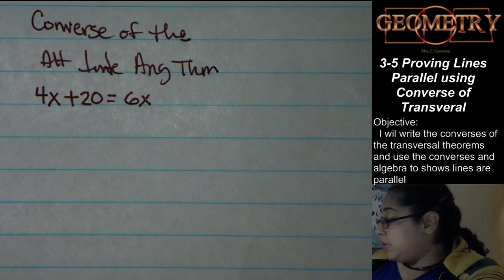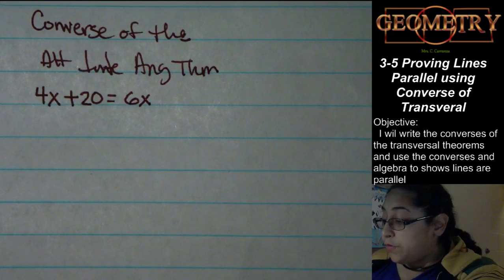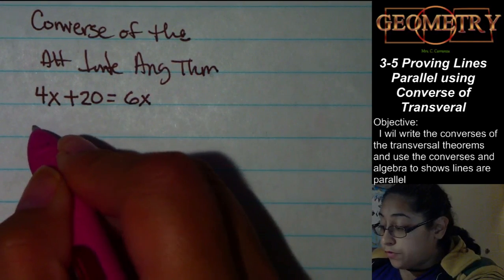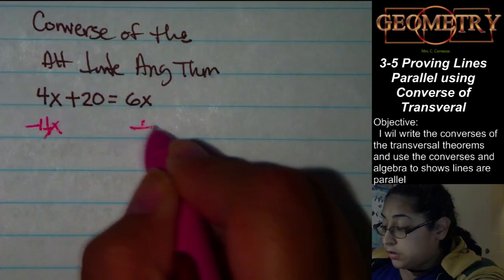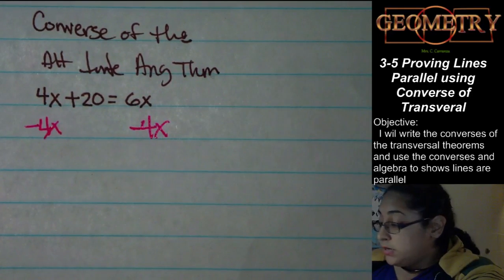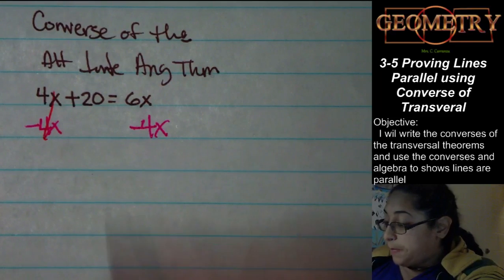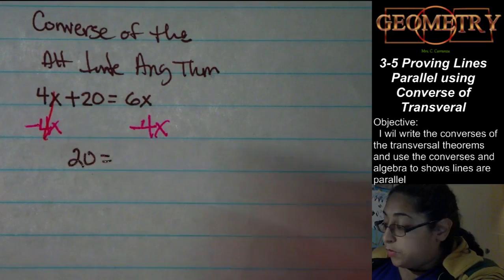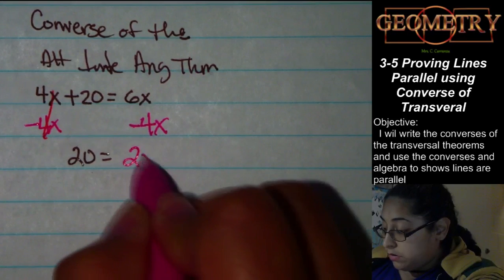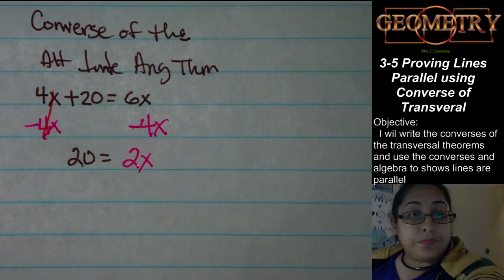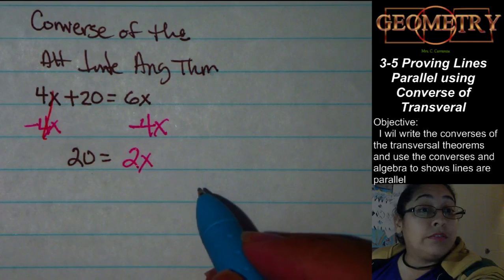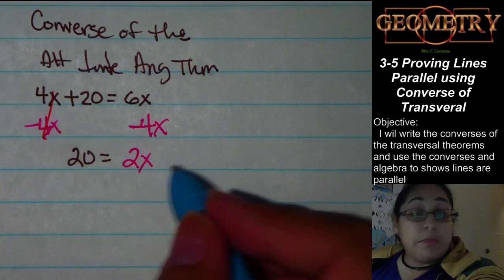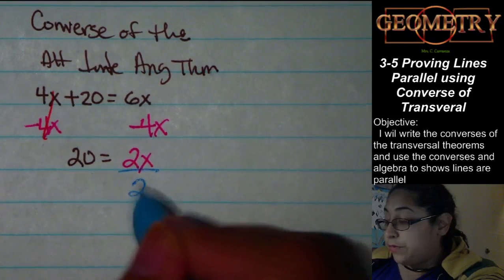All right, what do I need to do? Move the 4x. All right. Moving the 4x. Hopefully this feels really comfortable right now. All right, now what? Divide by 2 so we can get the 2 away from the x.